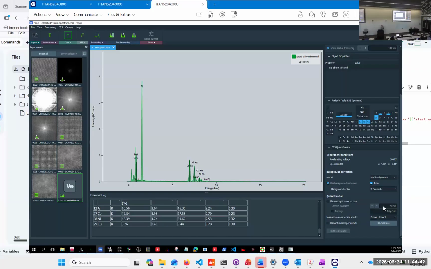And I got my K factors from their software. If you do the analysis here and you save your spectrum, they will tell you what K factors they used, and you can just use them directly for any other analysis as well. The K factors, as I said, are modified and tweaked.